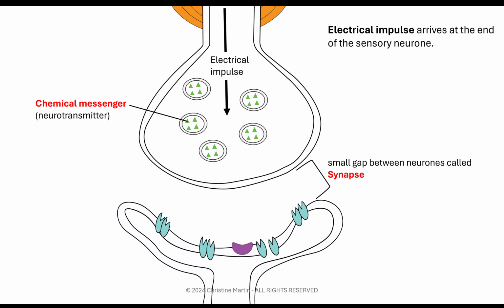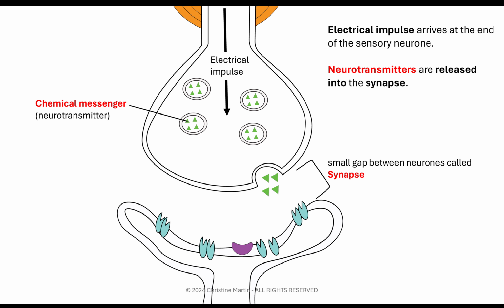and therefore what needs to happen is the sensory neuron is going to have inside it chemical messengers. These are called neurotransmitters, and what will happen is these neurotransmitters are going to be released into the synapse. And what those neurotransmitters can do is they can diffuse across the synapse. Remember diffusion, moving from an area of high concentration to an area of lower concentration.